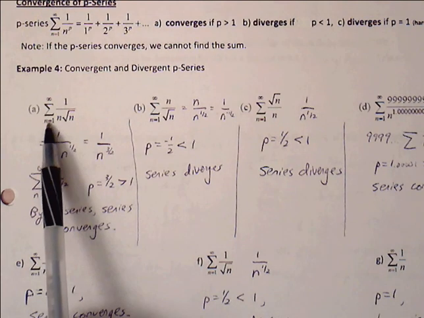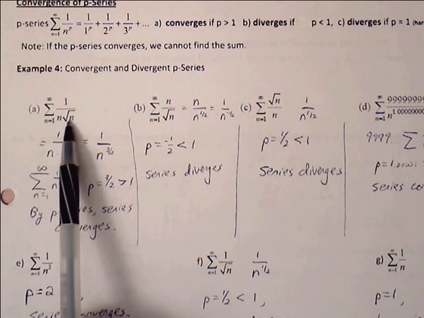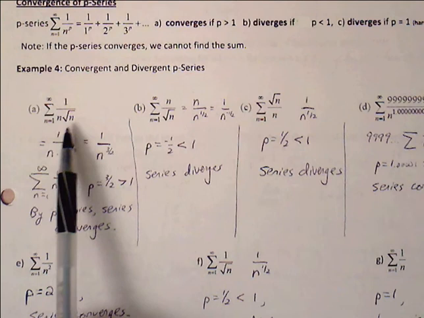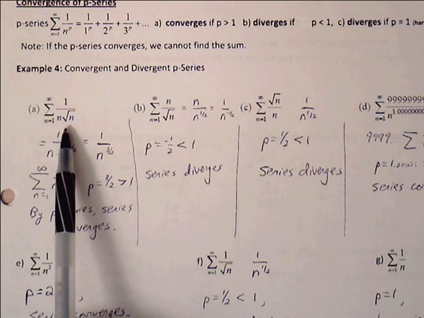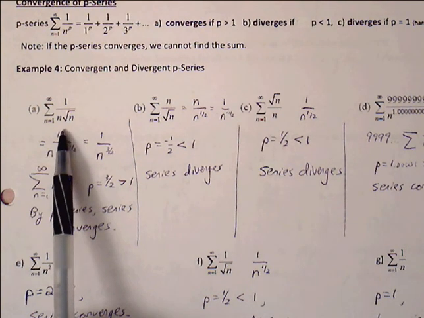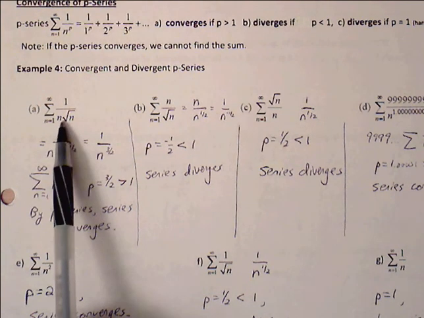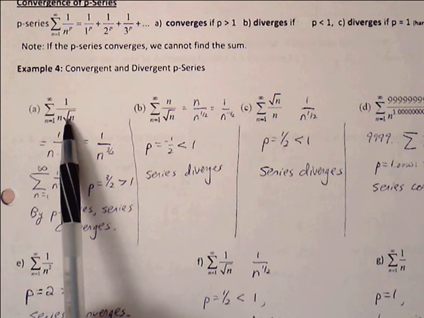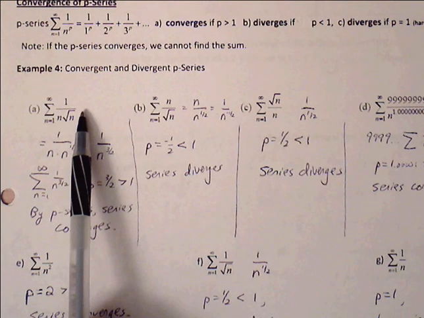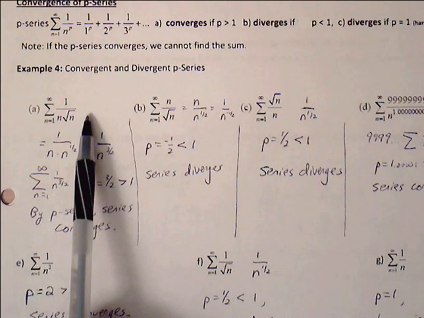All right, so convergent and divergent p-series. For this first example, the summation of 1 over n root n. Again, we should always be checking the nth term test for divergence, and we see that the limit as n approaches infinity goes to 0, so it is inconclusive.